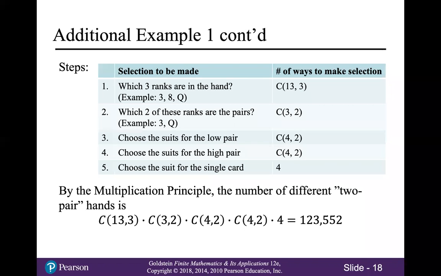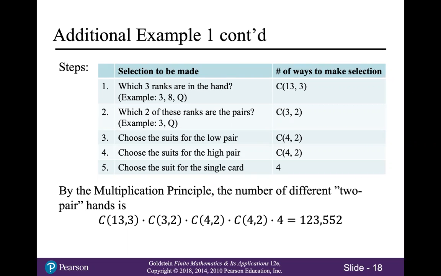There are, just FYI, about 2.6 million different possible poker hands total. So the ones with 2 pairs account for maybe about 4% of those, 4 to 5% of those.